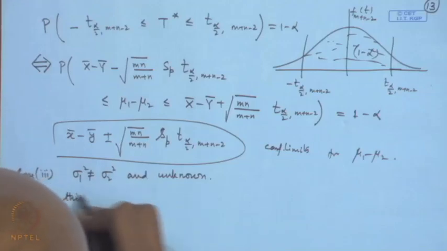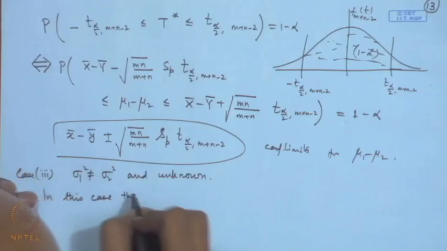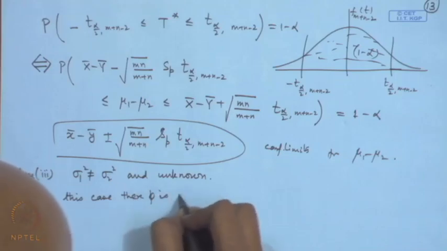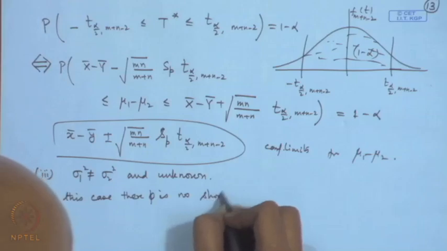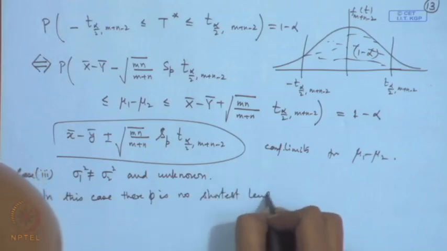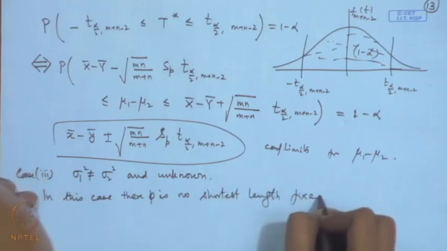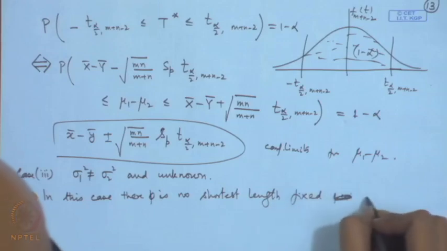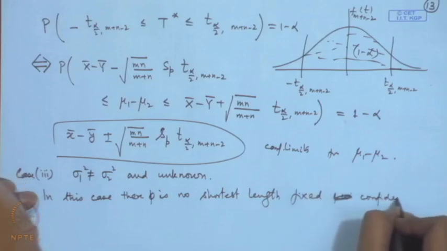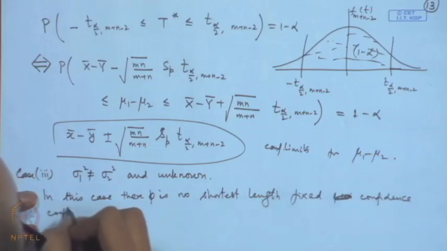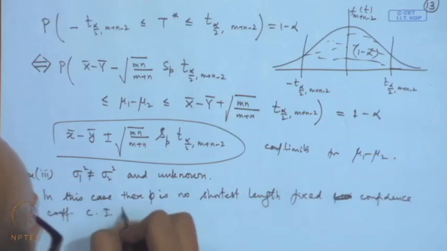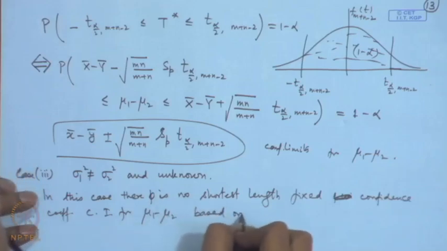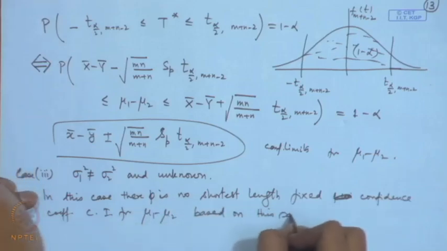In this case, there is no shortest length, fixed width, fixed confidence coefficient, confidence interval for mu 1 minus mu 2 based on this sample.